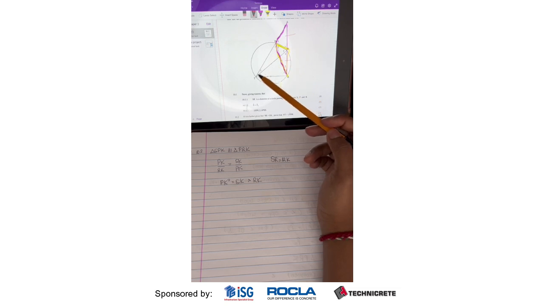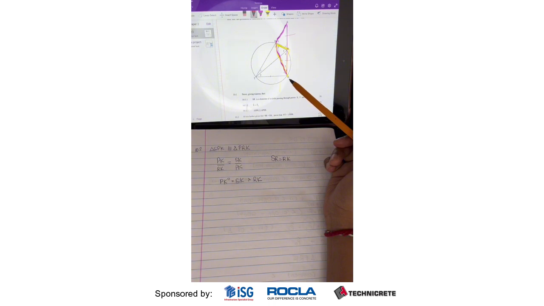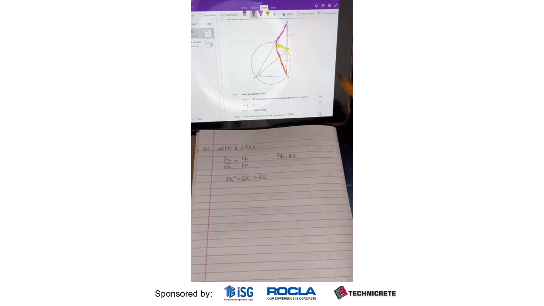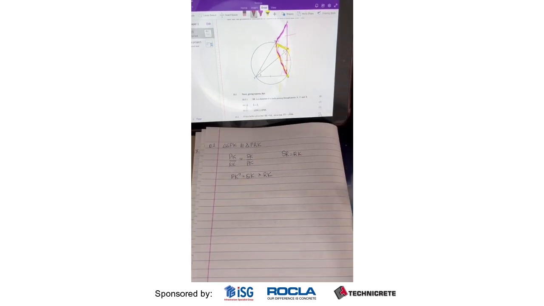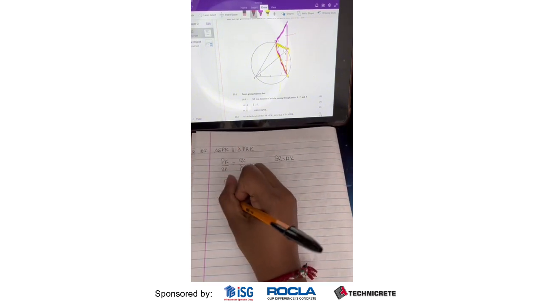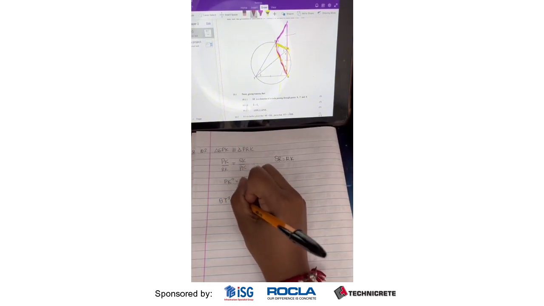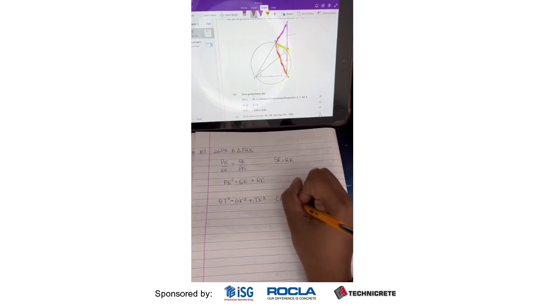If we look at this triangle, we have ST here, we have SK here, and we have TK at the bottom. We know that there's a 90-degree angle here because of angles in a semicircle. So I'm going to say ST squared is equal to SK squared plus TK squared, and that's Pythagoras.